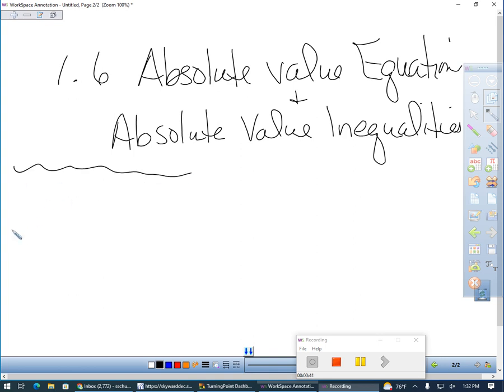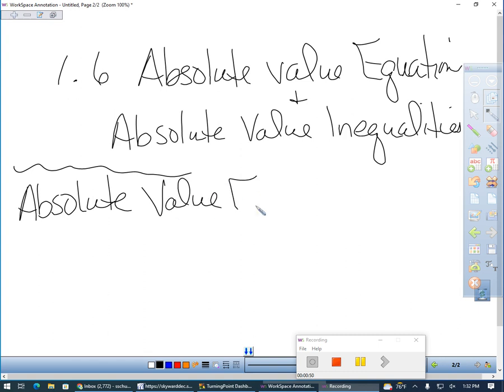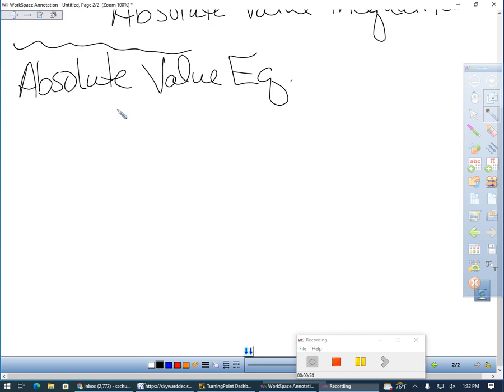So when we're talking about an absolute value equation, let me say this a different way. The basic absolute value: if I have the absolute value of x, and it equals, let's say, a number a. Any number is just a variable, right?